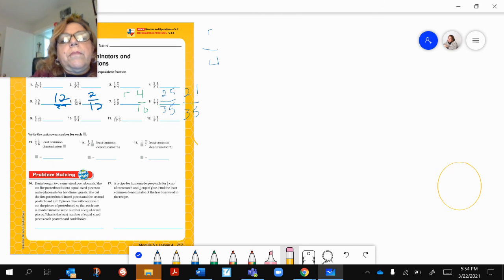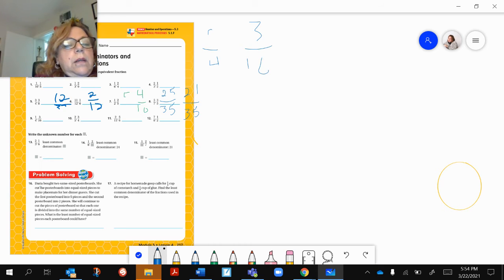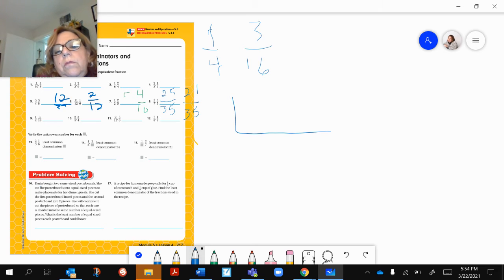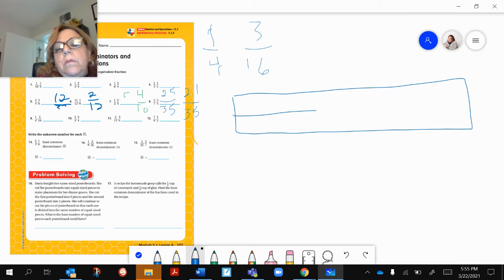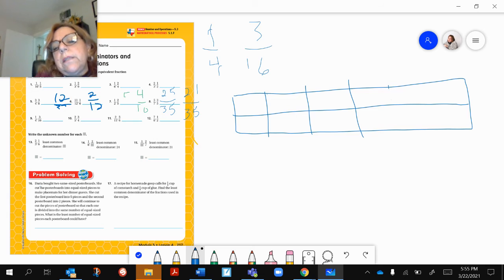So it's 1/4 and 3/16. I'm going to go ahead and draw out my rectangle with 2 rows, and I'm going to number my boxes.